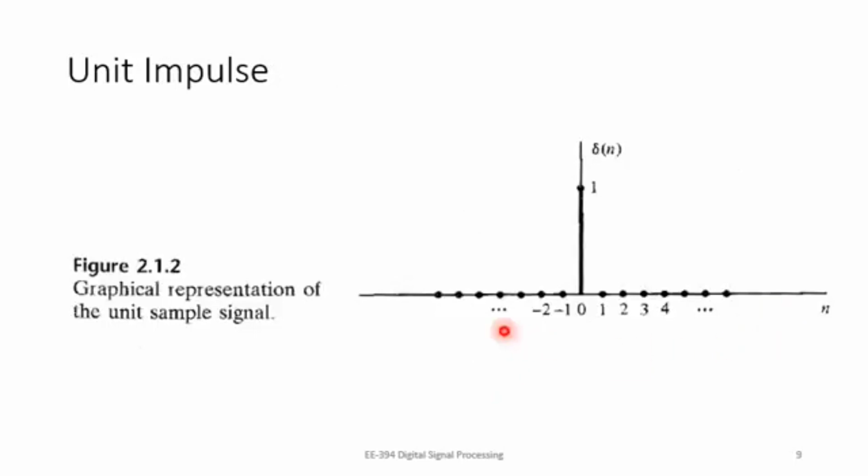This is the graphical representation of a unit impulse signal. You can see that all values are 0, and at n equals 0 we have a signal whose amplitude is 1, and it is represented by delta n.